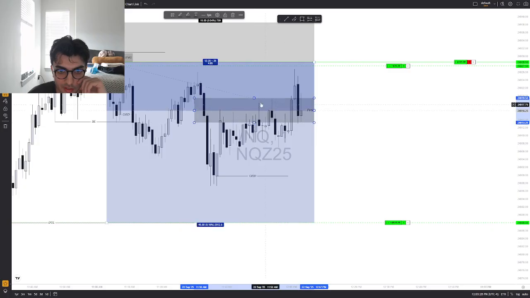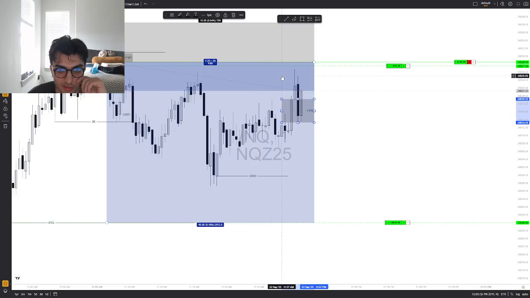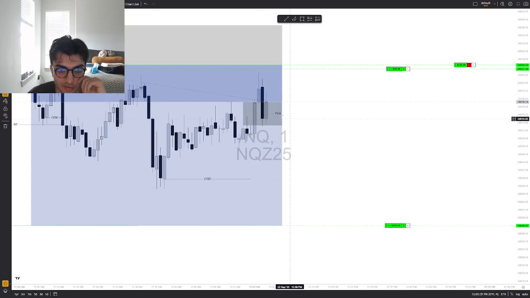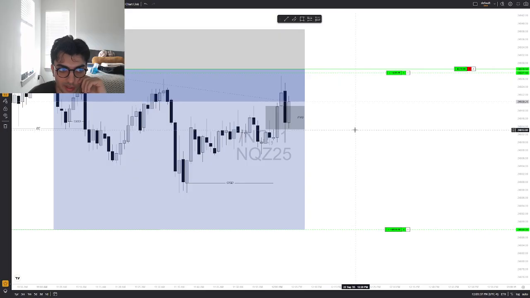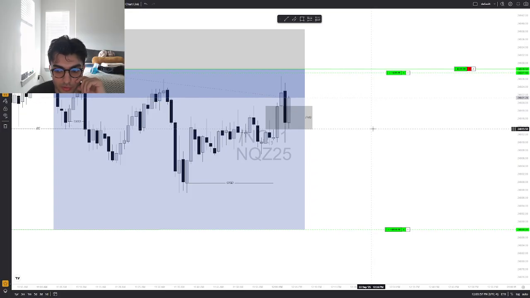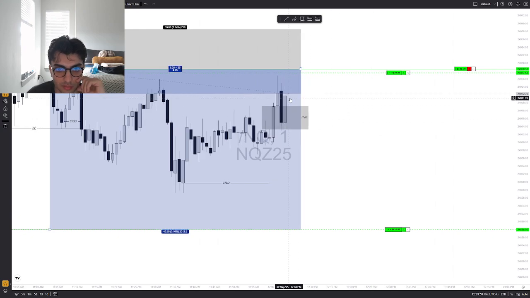So got this bullish fair value gap now. I swept this liquidity. I want to see this inverse for price to go back lower. Eight seconds. 7, 6, 5, 4, 3, 2, 1. Dump.